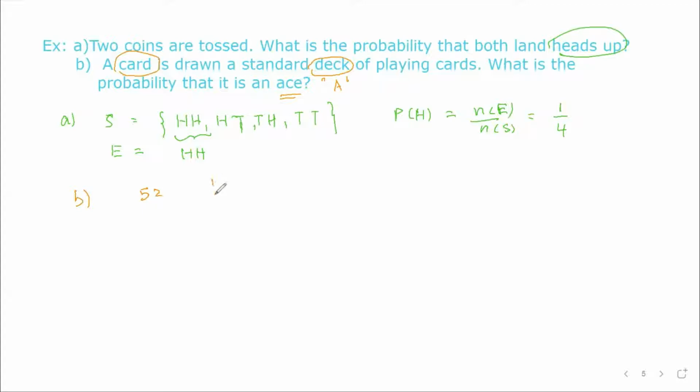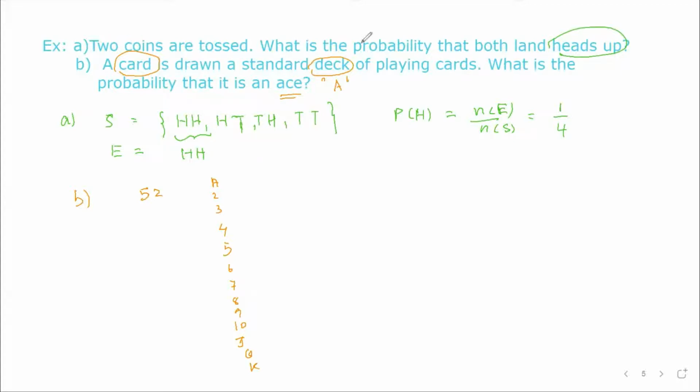We have 1, 2, 3, 4, 5, 6, 7, 8, 9, 10, and then Jack, Queen, King, and A is this one. Each kind of card has 4 suits, right?